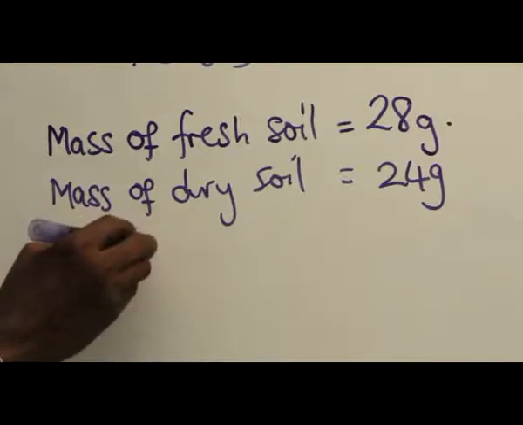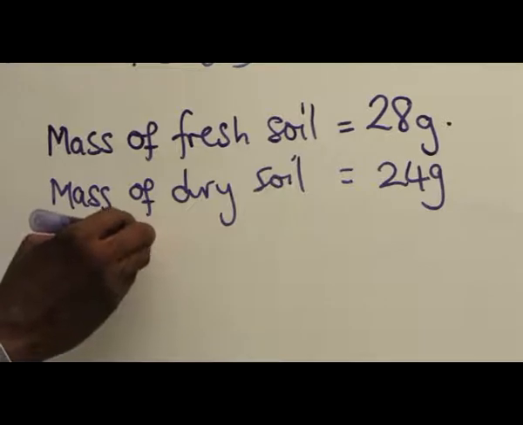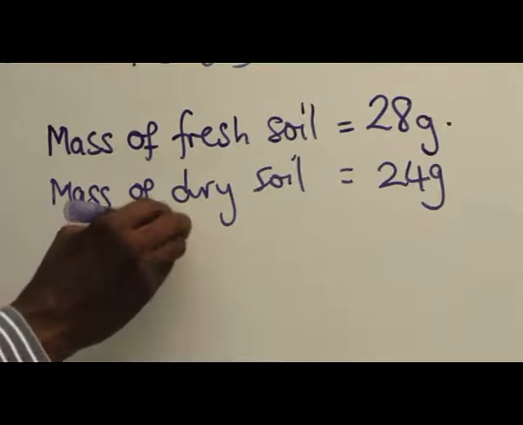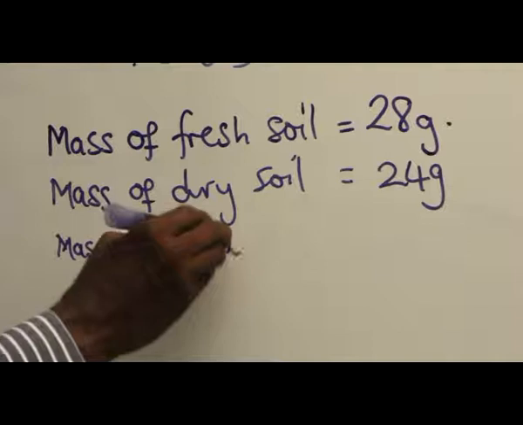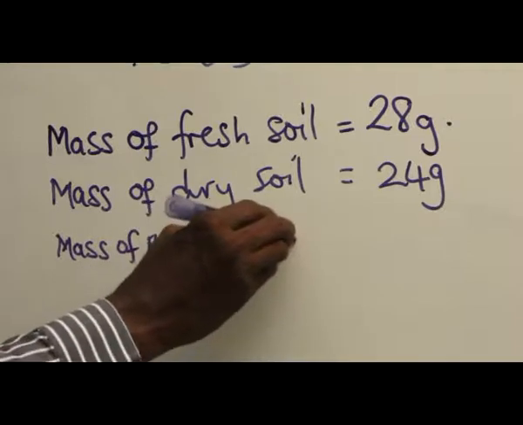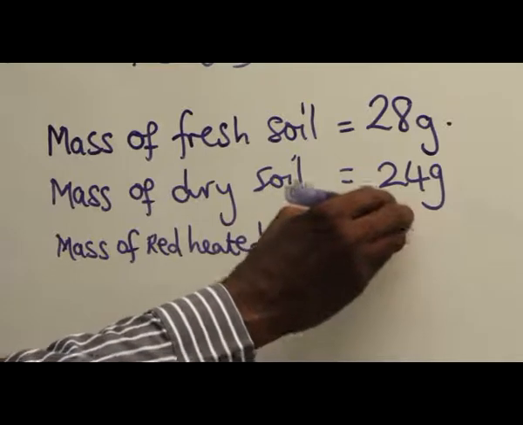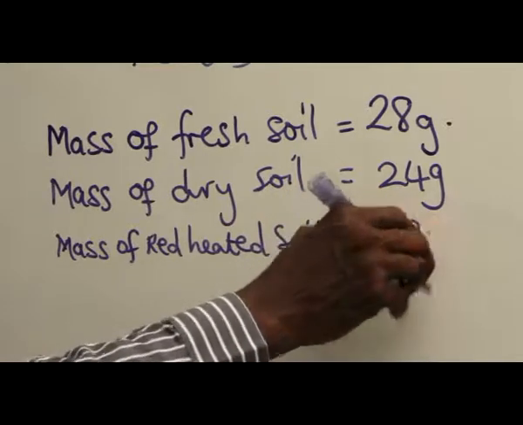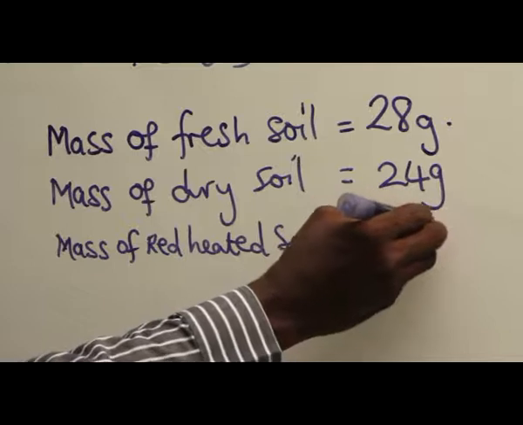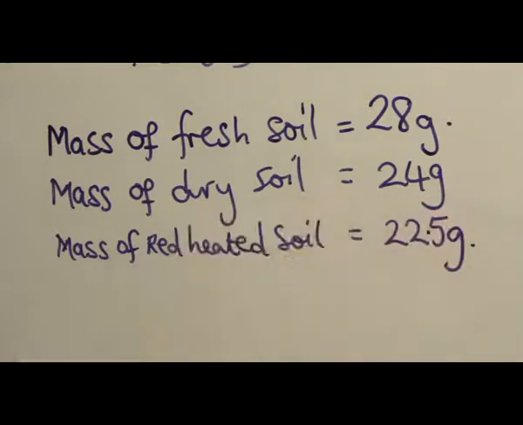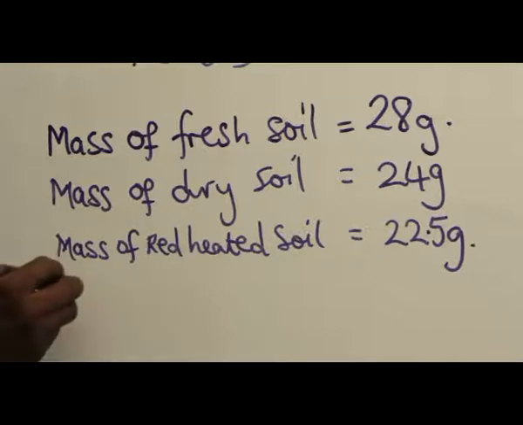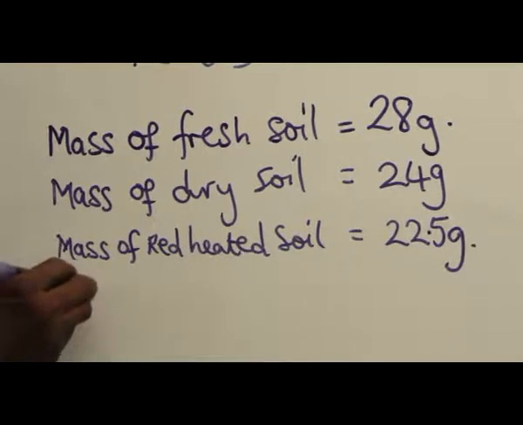Mass of red heated soil is 22.5 grams. What is the weight of the humus or the mass of the humus?